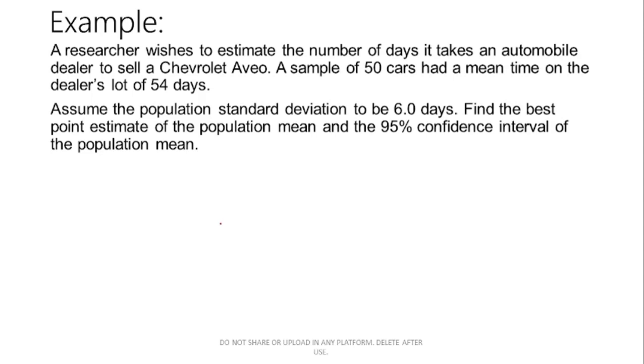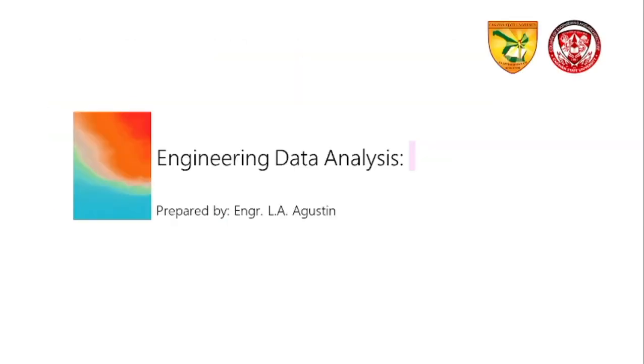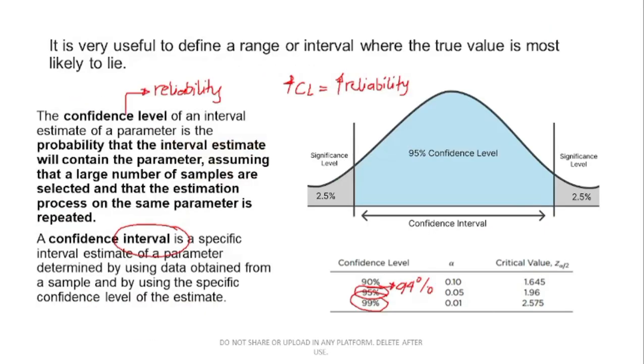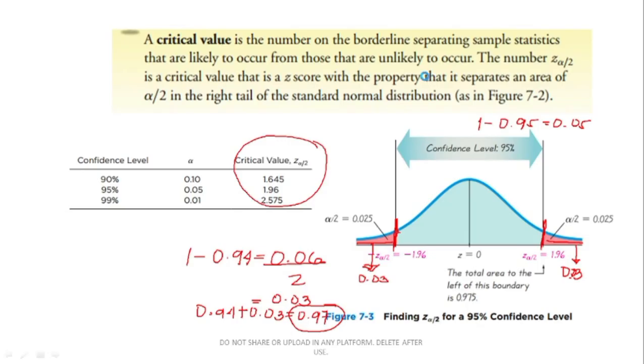So how will we solve this one? We just use our equation to solve for the confidence interval. What is our equation? This one: mean plus or minus our critical value times the standard deviation all over the square root of n.